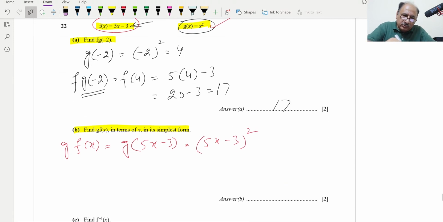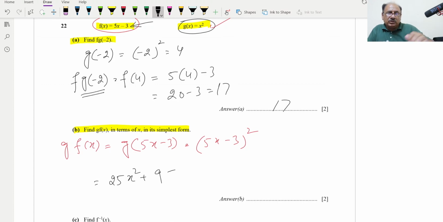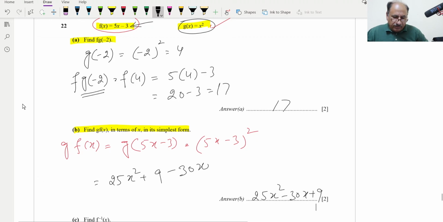If we open this square we will get a squared, meaning 25x squared, plus b squared, which is 9, and minus 2ab, so minus 2 into 5 will be 10, 10 into 3 will be 30, so 30x. We can rewrite it as 25x squared minus 30x plus 9. This will be the final answer.